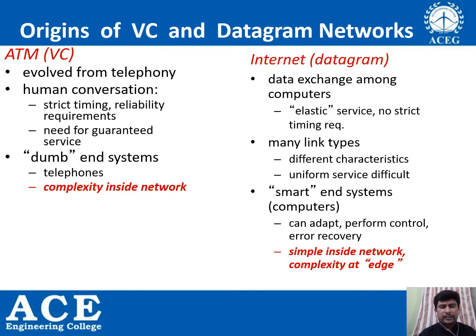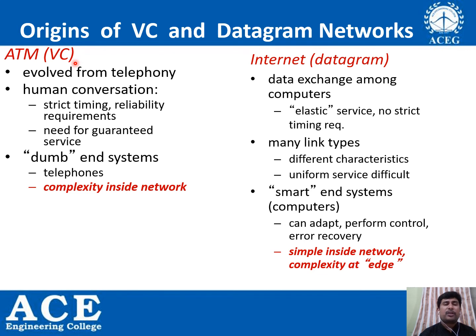Well, categorizing the networks based on the type of service provided by the network layer, we categorize the networks as virtual circuits and datagram networks. Let us look at the origins of these two and how they are different from each other. The first type, called virtual circuit, has one of the best examples in asynchronous transfer mode.